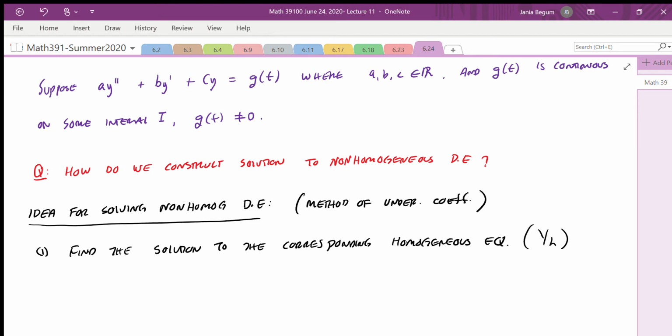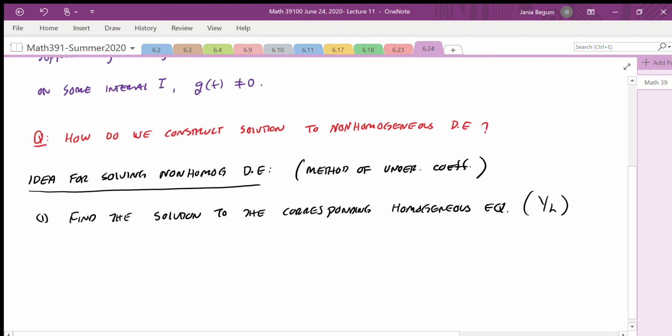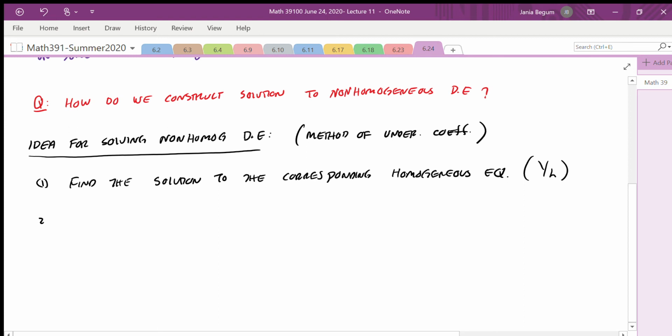Now the second step, once you have computed the solution to the homogeneous portion, is based on two things. One, the function g of t that's given to you initially in the equation, and the second, yh, which we just computed in the first step.